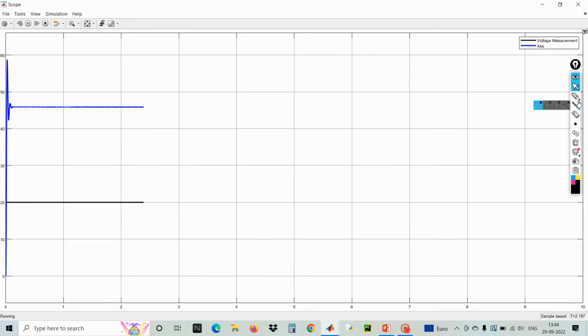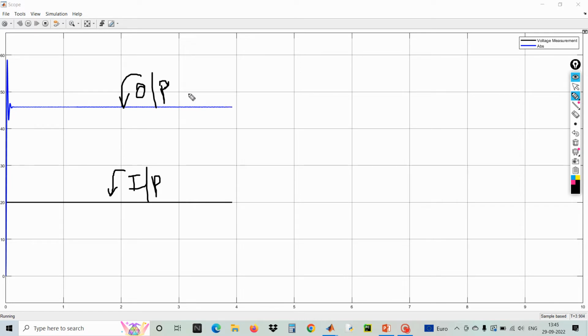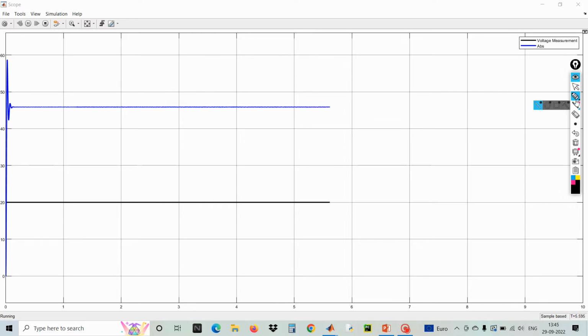Okay. This is your input voltage, say it is 20 volts, and this is my output voltage. Now the circuit is working in boost mode. The duty value is 70%. Okay.